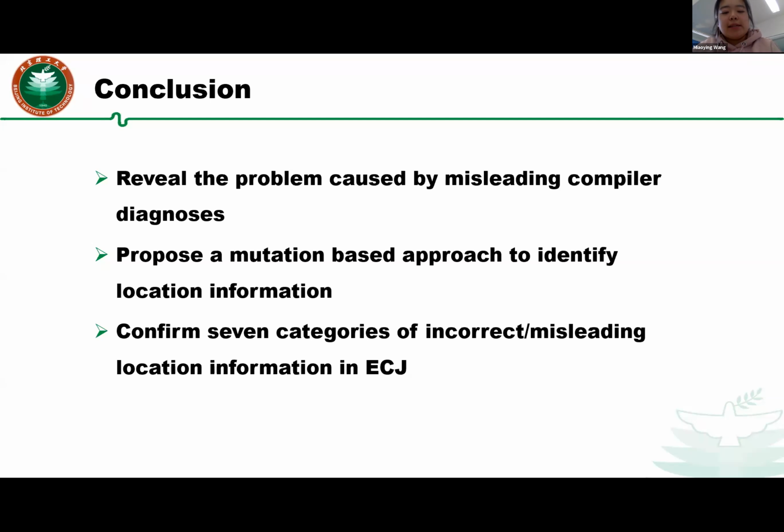The approach automatically generates potential illegal programs by mutation operators, and identifies suspicious location information by comparing it against the mutation location, and filters out the false positives and equivalent misleading diagnosis with heuristics. We have confirmed the 7 categories of incorrect or misleading location information in Eclipse compiler for Java.